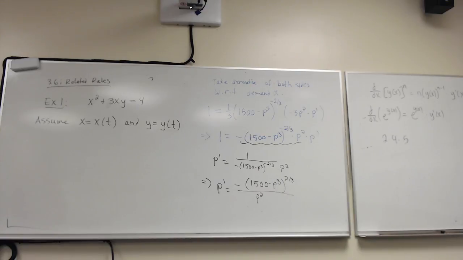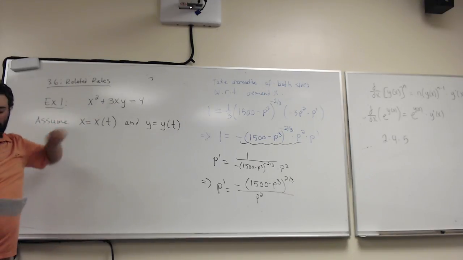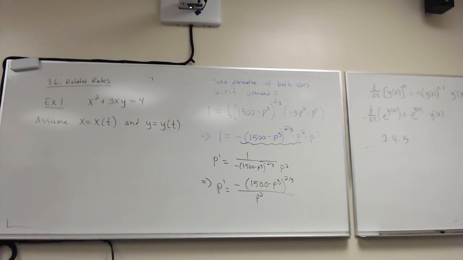Okay. Now, if you go back to this definition box, number 1, sketch a figure if helpful. Again, for business and economics, there's really no geometry involved, so there's not really a picture you can draw. Step 2, identify all relevant variables. For us, the variables that are relevant are x and y in this expression, including those whose rates are given and whose rates you're going to be finding.